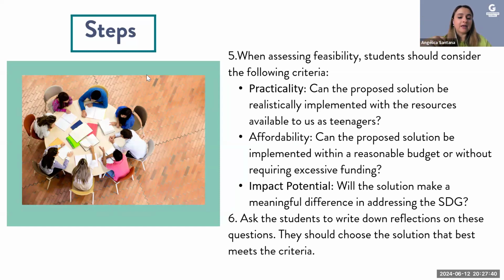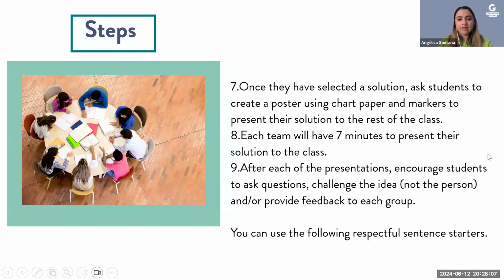And it has an impact, a great impact. So the students have to assess if that solution makes a meaningful difference, all right? You can ask the students to write down reflections on these 3 questions to assess the feasibility of their solution. And once they choose that solution that has the 3 criteria, they can create a poster.